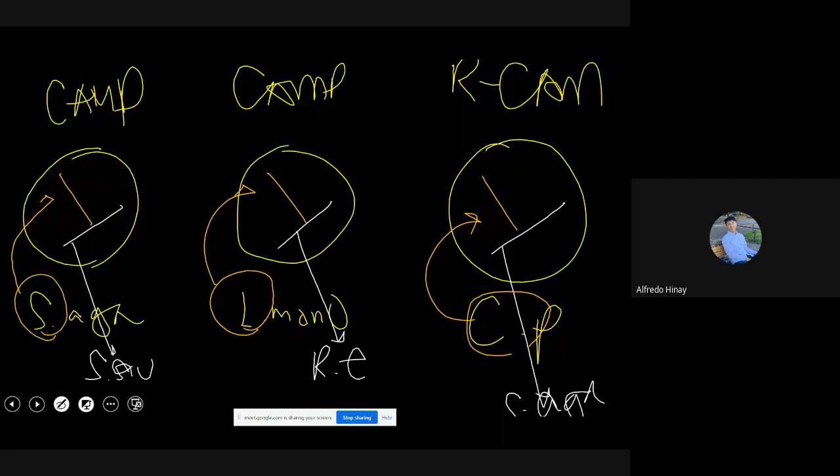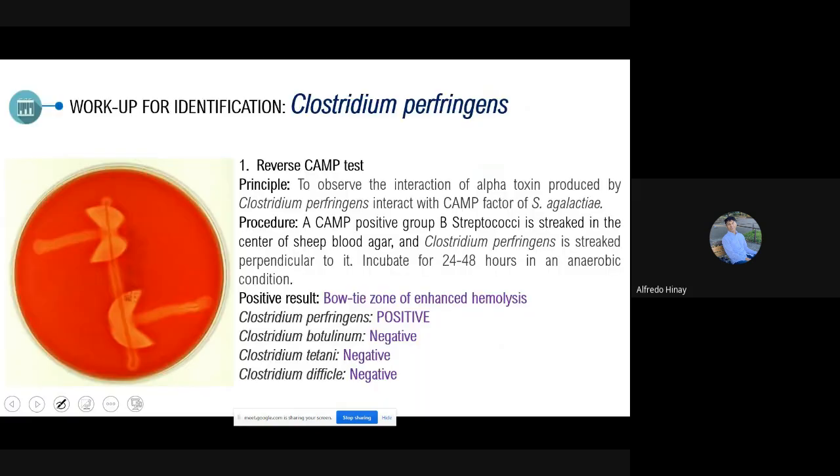Next is with the positive reaction, arrowhead formation. You have black type. And then for reverse CAMP, actually positive reaction niya is bow tie. Kita niyo to? This is the bow tie reaction. Okay? So para siyang bow tie class. So this is your Staphylococcus aureus.